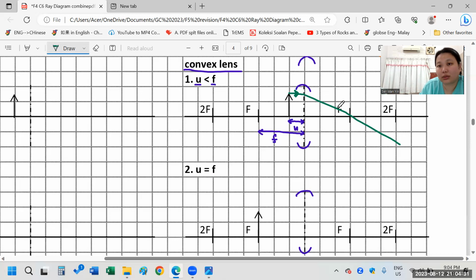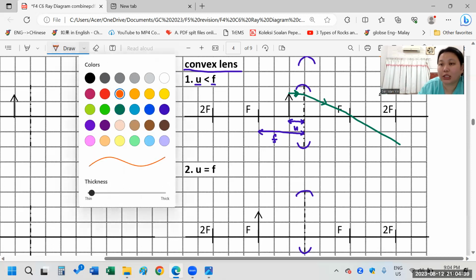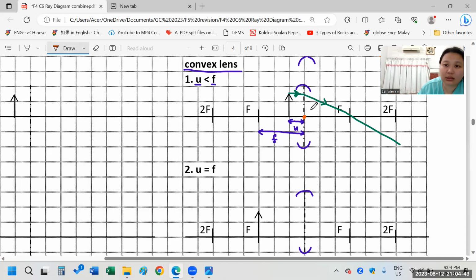Use ruler, KF. Then where's C? C means the center of the lens. Use ruler, directly draw a line that goes through the C and follows through.